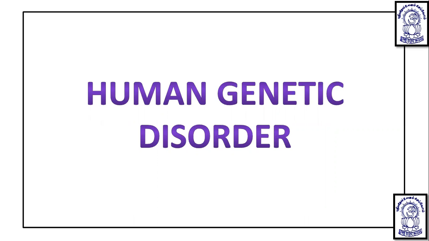Now, if we talk about human genetic disorders, some genetic disorders are inheritable and some are not inheritable. Based on this, these human genetic disorders are divided into two groups. So first we write human genetic disorder, and these disorders are classified into two groups.